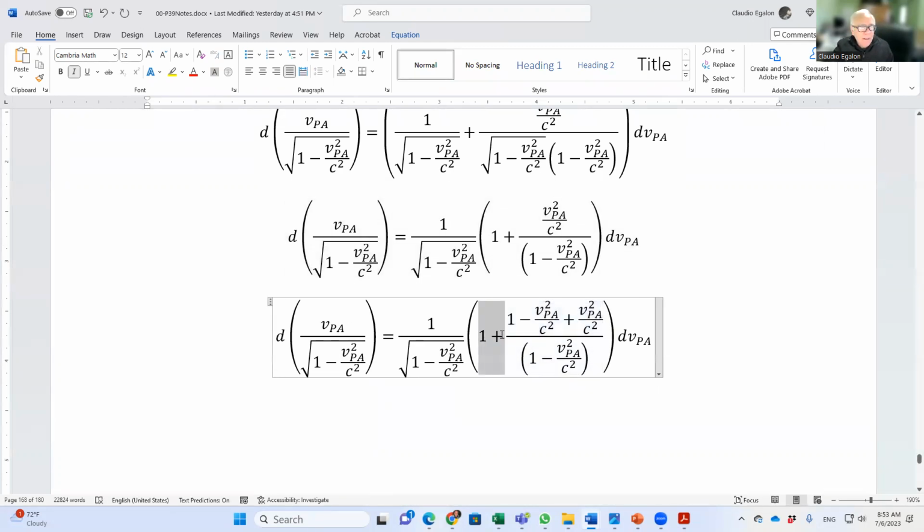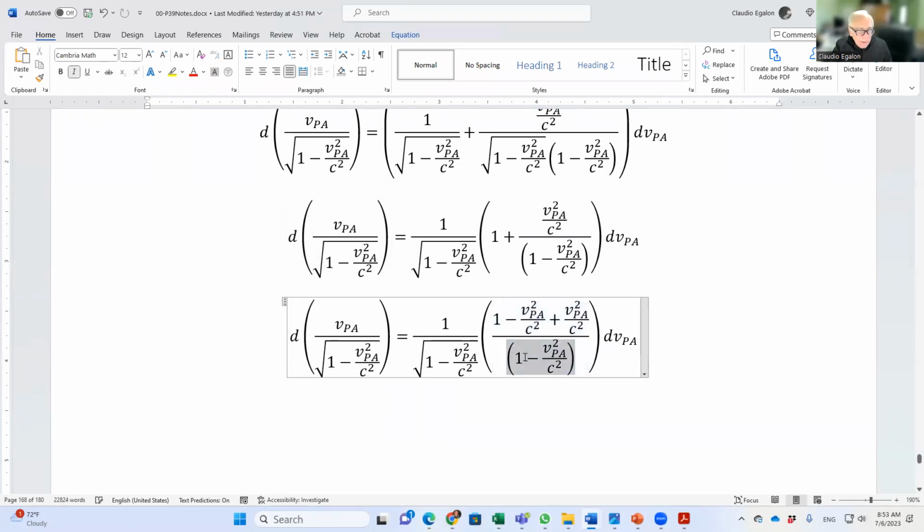See that? I'm going to take out of the parentheses here. We don't need the parentheses anymore. And look what a nice simplification we are going to get. The VPA term cancels out.